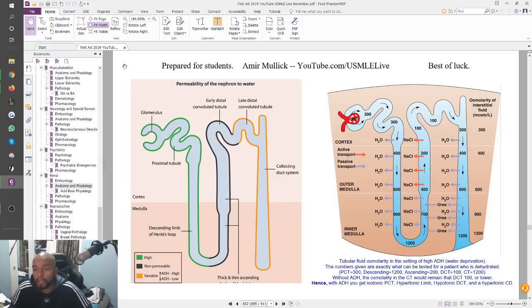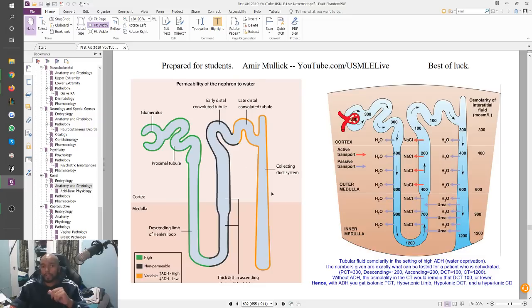So you're going to often get questions while you're preparing for Step 1 where a patient was dehydrated, either because they got stuck in a cave or something, or someone got lost on a big trip, or someone got stranded somewhere. Whatever the story might be, water deprivation is going to be the main point. And then they're going to ask you how your tubules are going to be adjusting, right?